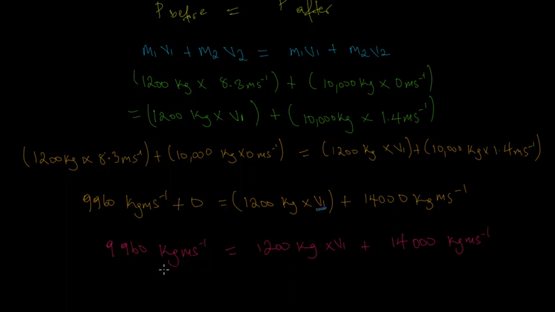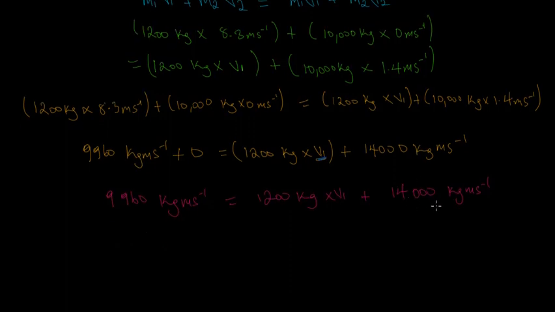Now if you notice, you have kilogram meters per second on this side and on this side. So I'll take this quantity over here so I can subtract both. I will have 9,960 kilogram meters per second minus 14,000 kilogram meters per second equal to 1200 kilograms multiplied by V1.